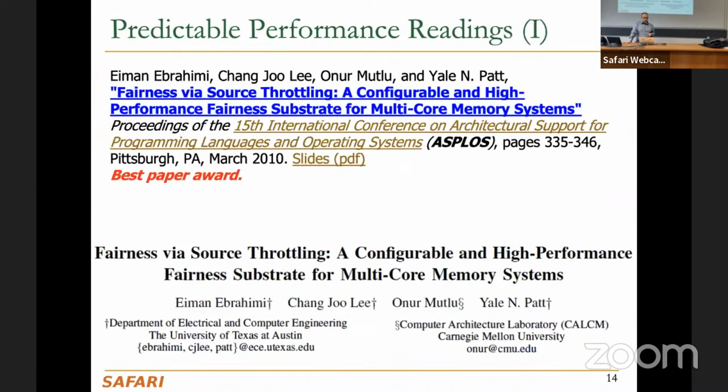Yeah, and these are some papers that I'm gonna also cover some of them a little bit later, like source throttling, where you consider that your resources are dumb. They don't really do intelligent scheduling, but you can try to throttle from the source to reduce interference.